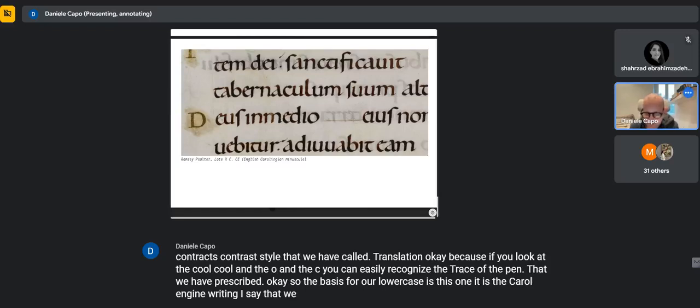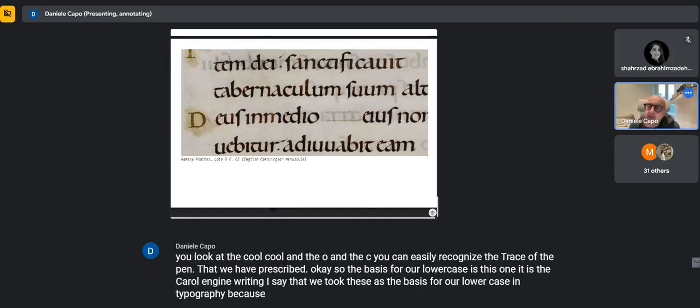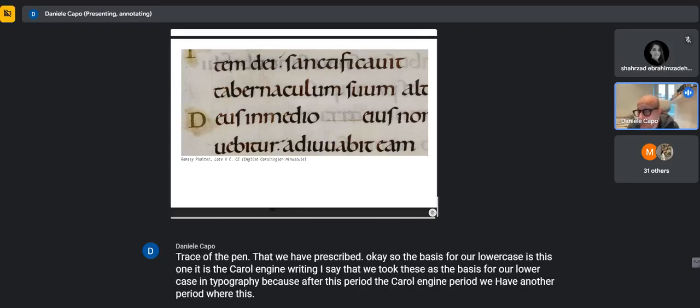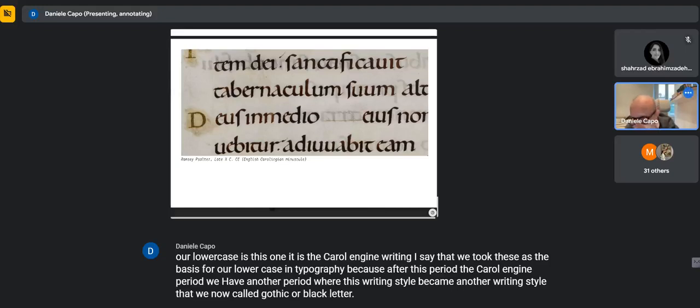I say that we took these as the basis for our lowercase in typography because after this period, the Carolingian period, we have another period where this writing style became another writing style that we now call Gothic or Black Letter.